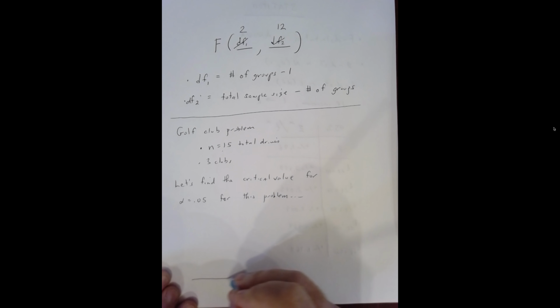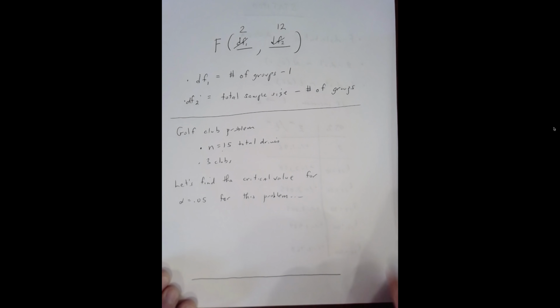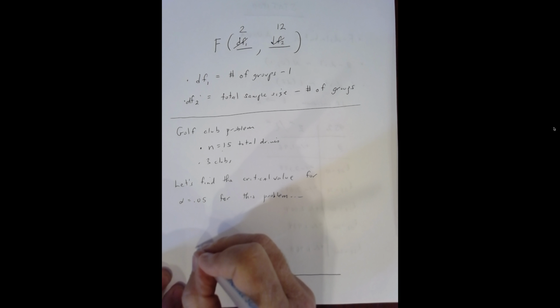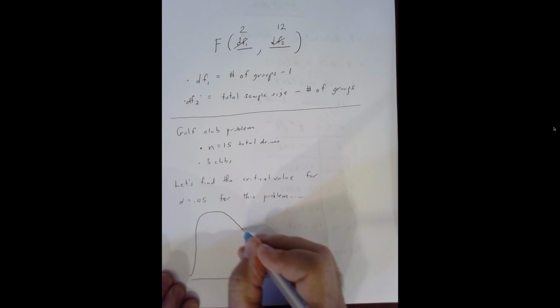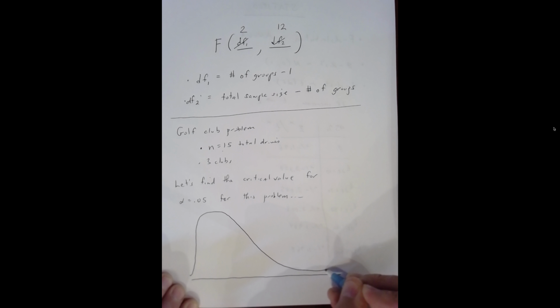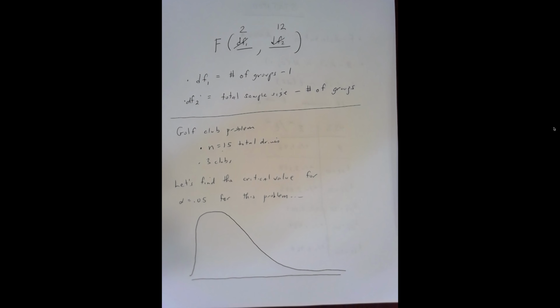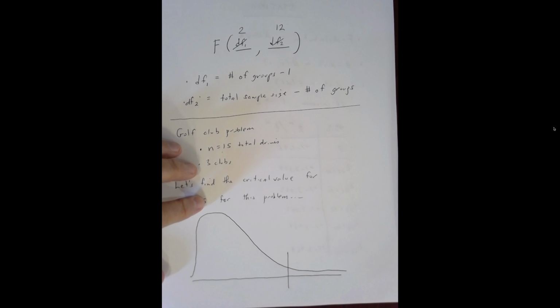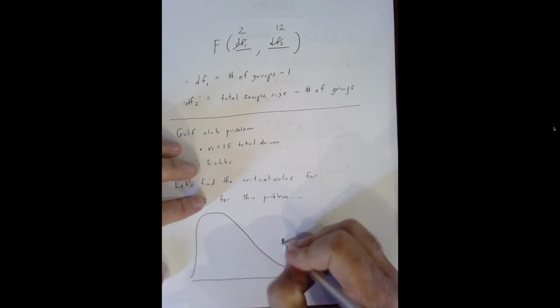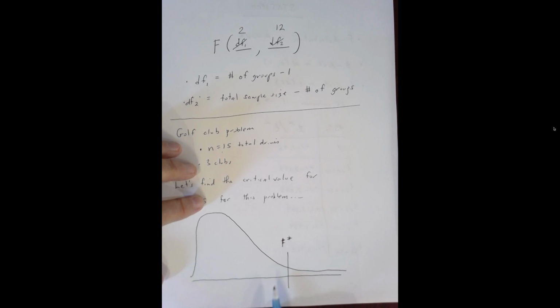Now, guys, the F distribution is not symmetric. The F distribution is a positively skewed distribution, and all of our rejection region goes in the right tail. So we need to find the F value that separates the bottom 95% from the top 5%.